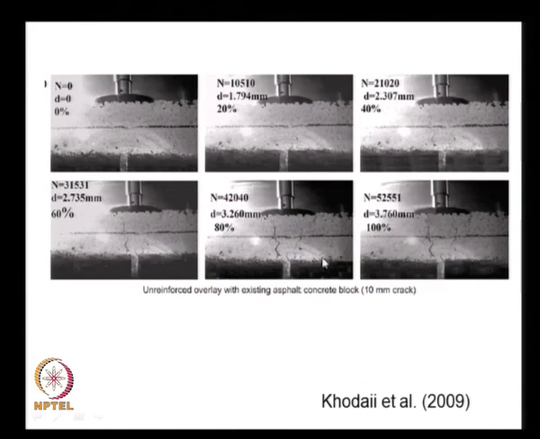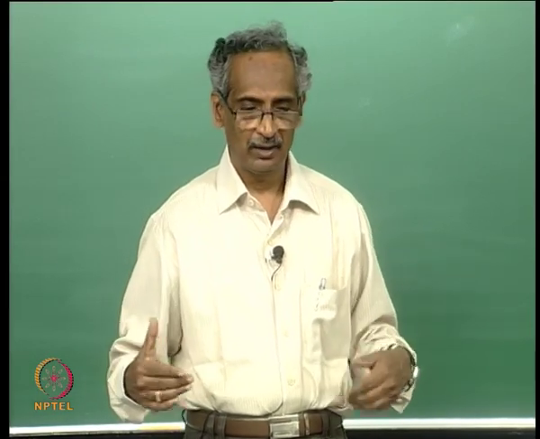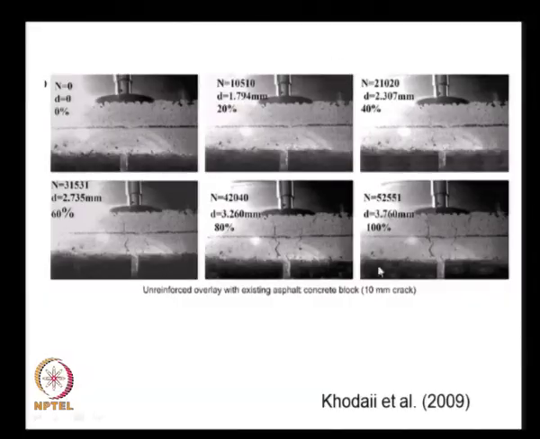Whereas, if we compare the same thing for the unreinforced case, both are exactly similar, except that in the previous case we gave a reinforcement layer, whereas here it is not given, and within about 52,000 cycles the entire system has failed.